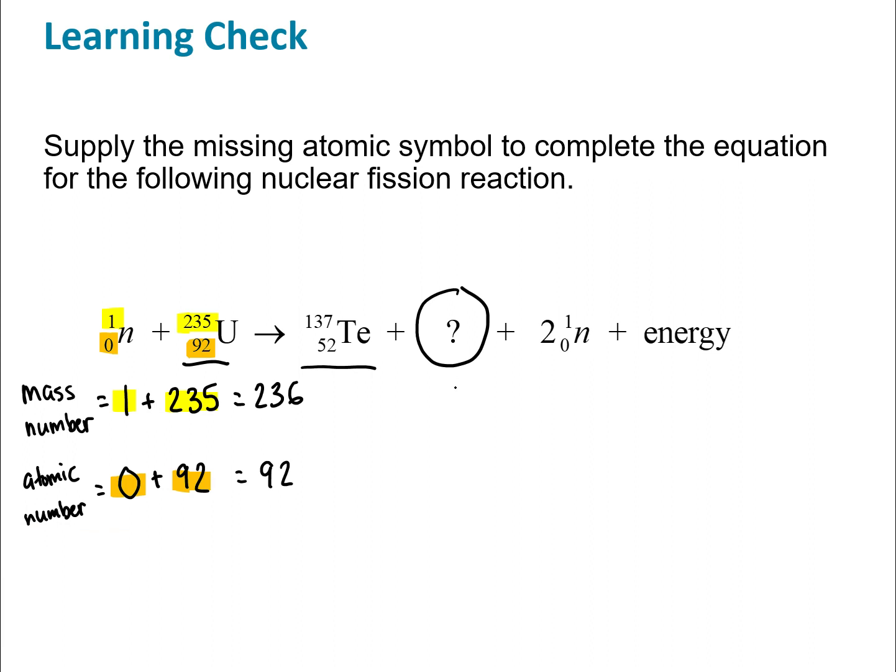On the other side, we know that everything has to equal 236. With our one element that we know we form, we've got 137 for the mass number. We also release 2 neutrons, and they each have a mass number of 1.